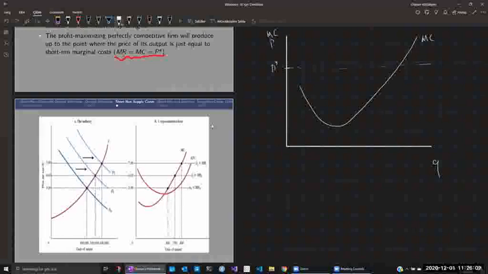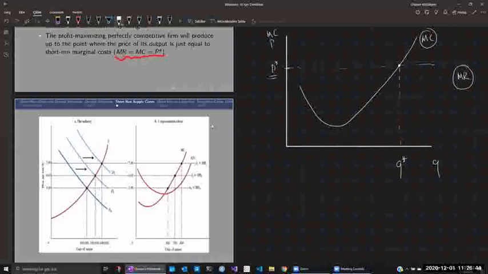And since this is a perfectly competitive firm, it can sell all the products at this market price, right? But this is also equal to marginal revenue, right? So where is the profit maximization quantity determined? When marginal revenue is equal to marginal cost, which is this particular point, right? So then this is the quantity that I would like to produce in order to maximize my profit.